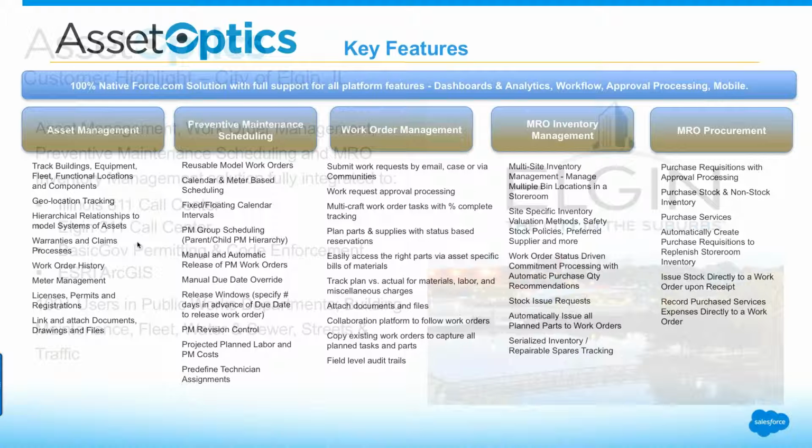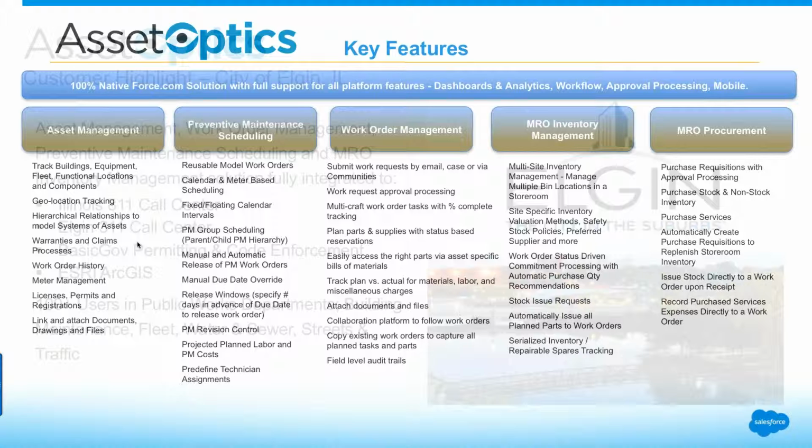There is an email to work order functionality. You can directly enter a case into Salesforce and have that converted into work orders, or you could submit a work request via a Salesforce community and have an authenticated user experience to submit those.